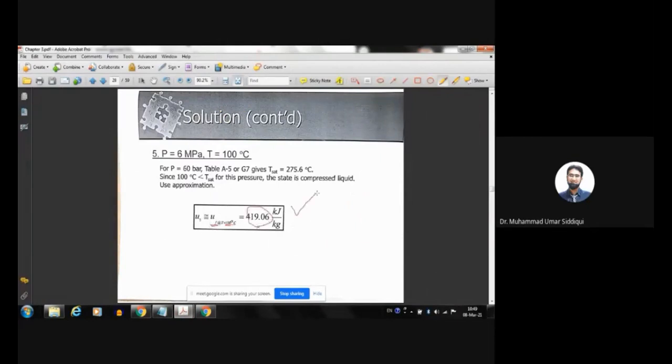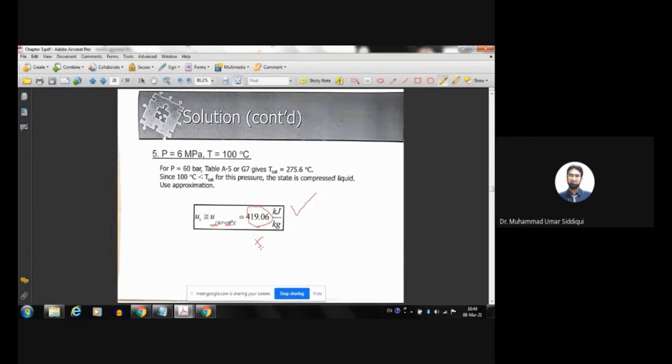Is this clear or not? Let me know. Yes, sir. Understand one thing. If you go into the compressed liquid table and you get the value of U there, it will not be exactly the same value. This is the reason we are saying this is an approximate method, because there will be some error. The only thing is that as engineers, we are saying that the error is acceptable. The error is very small.